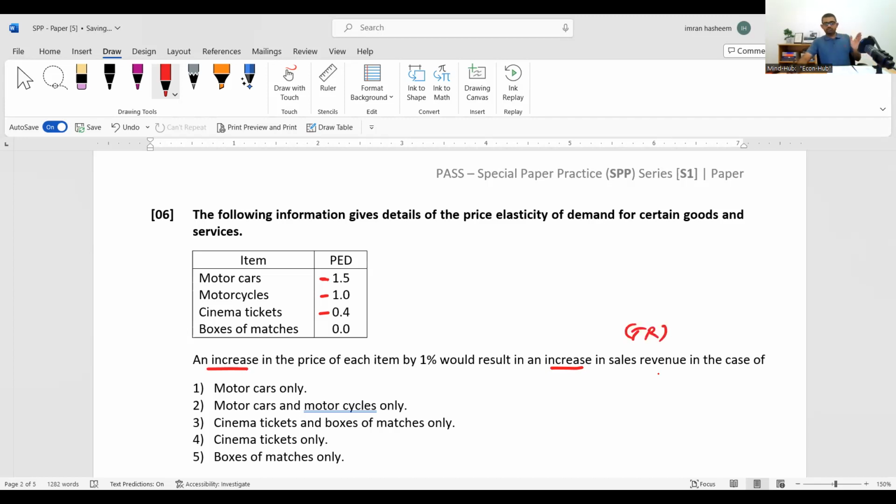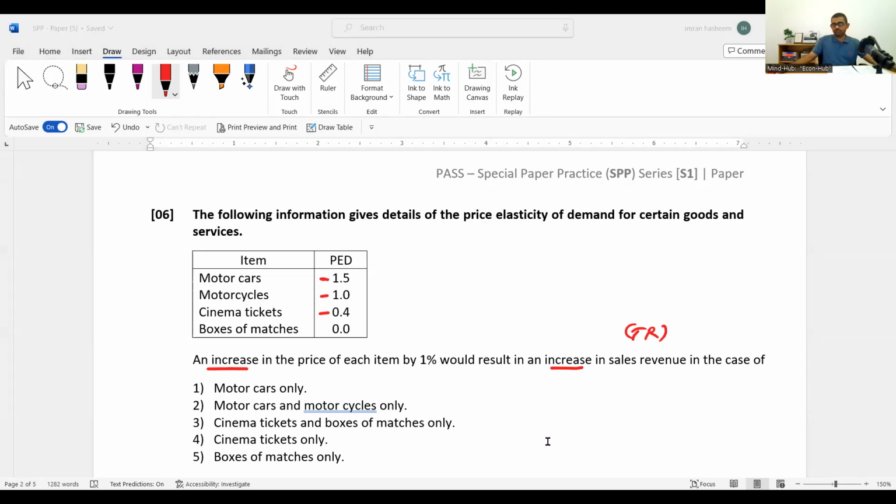That means the relationship between change in price and total revenue is positive. If the delta P and delta TR relationship is positive, what is the product we are looking at? What kind of elasticity are we looking at?